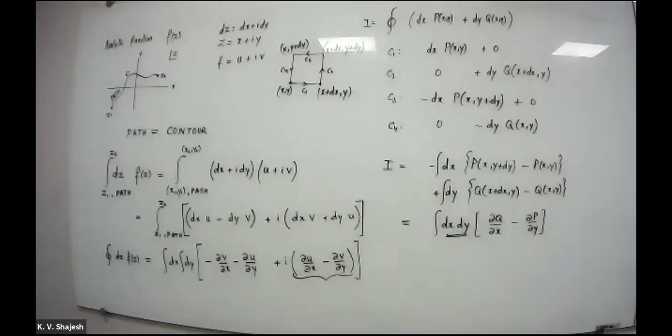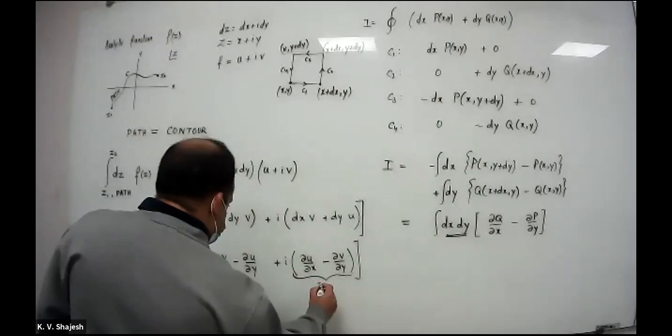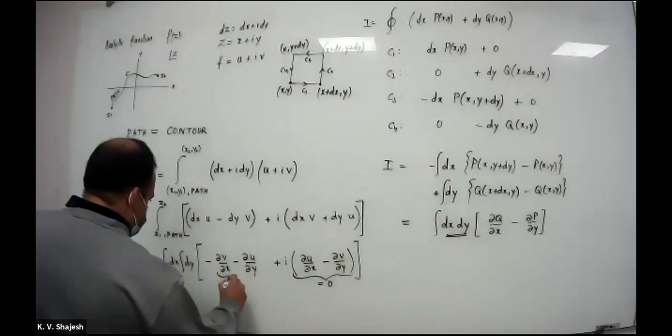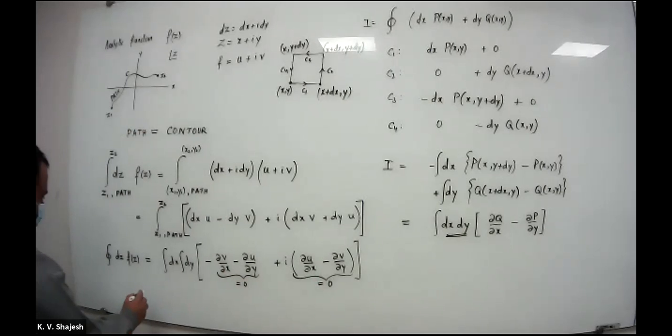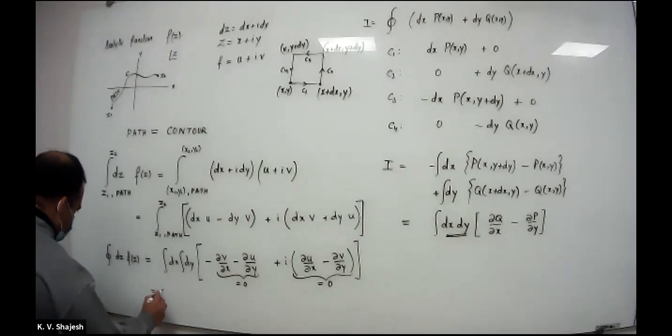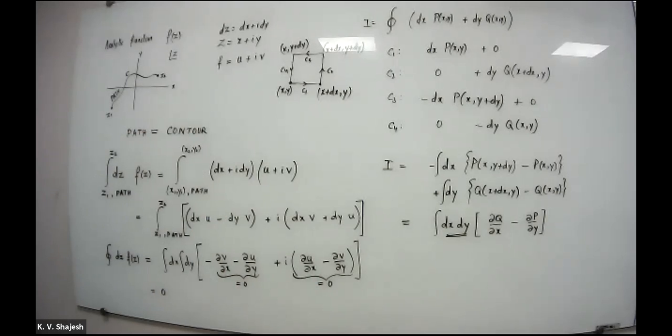Zero, and that's because of the Cauchy-Riemann conditions. So that's equal to 0. In fact, this is also equal to 0. That's the other Cauchy-Riemann condition. So for an analytic function, the contour integral is equal to 0.